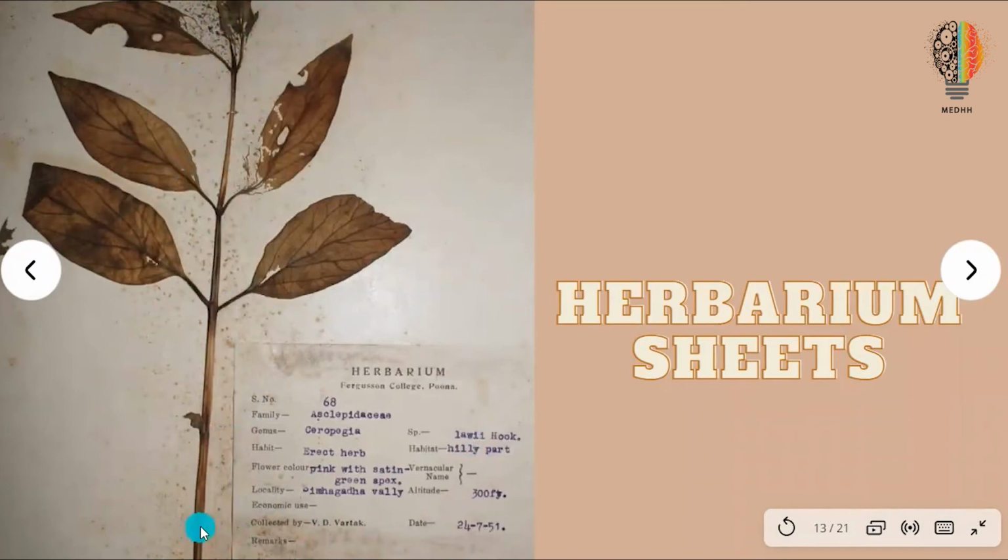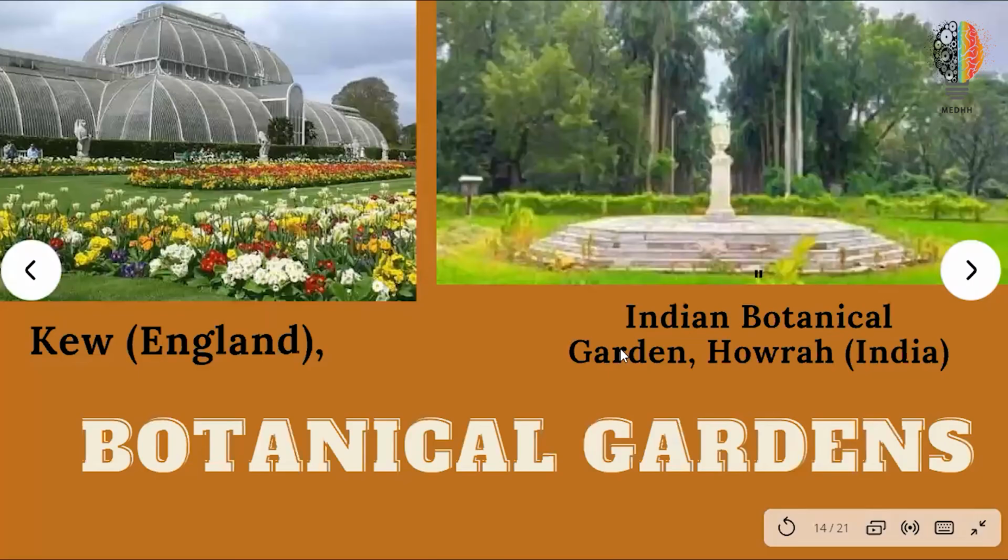Here you can see a small thread has been used, and this is all the information that has been given here: what its habitat is, which family it belongs to, what the genus name is, and the date of collection or date the herbarium sheet was formed. Every piece of information is given here. So this is how herbarium sheets look.